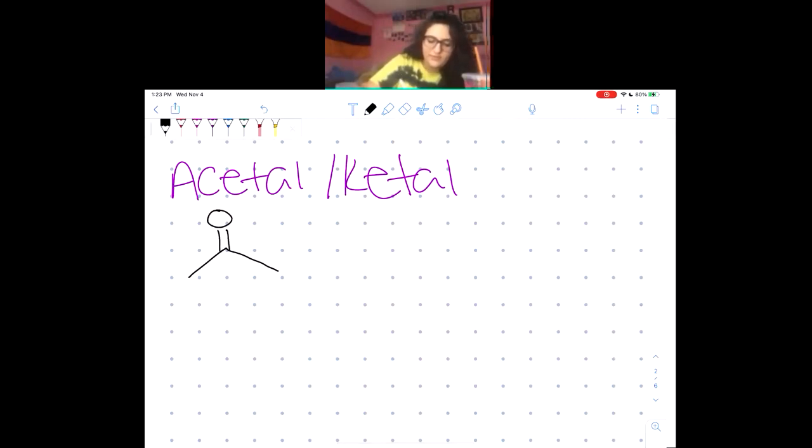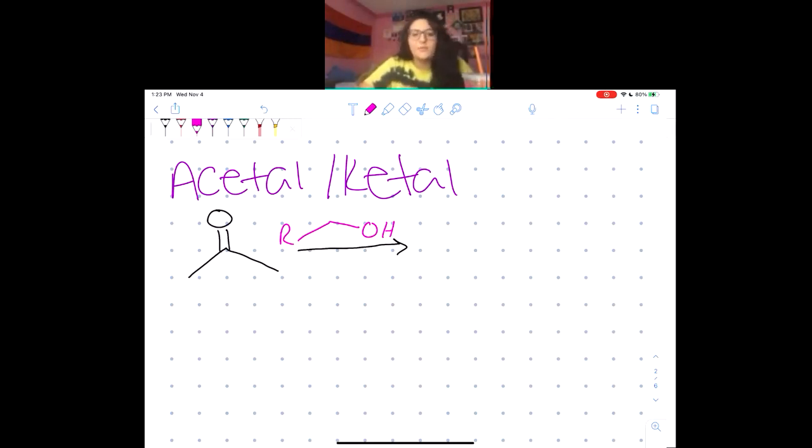Let's do the ketone version first. So if we react a ketone with an alcohol, any alcohol, so I'll put an R group here, and an acid or a base, we will get 2 different answers. First we're going to do the acid, and then we will do the base example.